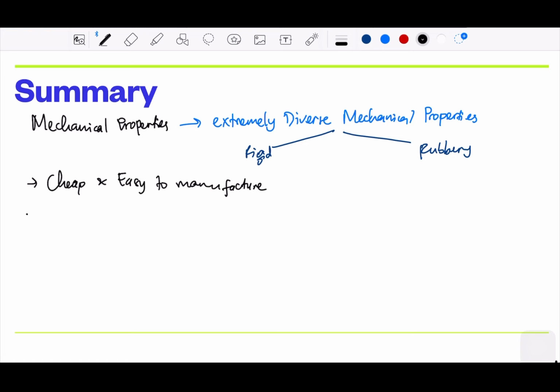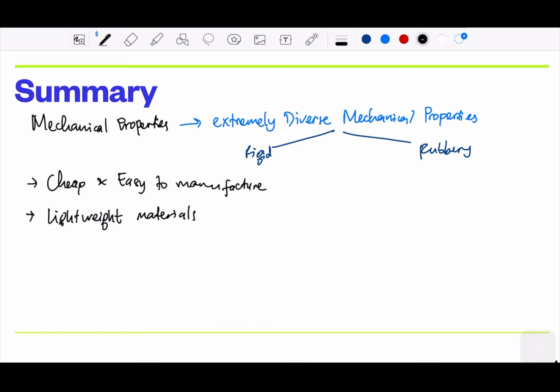And then another advantage is it's a lightweight material. Like our plastic bottle, if it's glass, it's really heavy. And if it gets impacted, the glass will be broken.